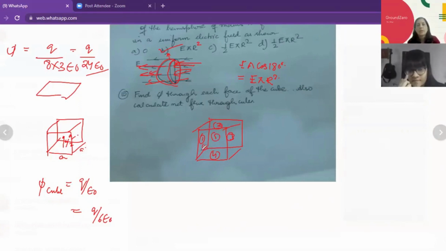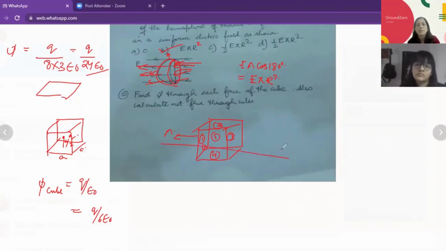So let us suppose for the first one, you are calculating the flux. What will it be? Find the electric field and area A. What is the direction of E and A in both cases? A will be outwards, always outward. They haven't asked for the direction of the electric field. Find the flux and also calculate the net flux.